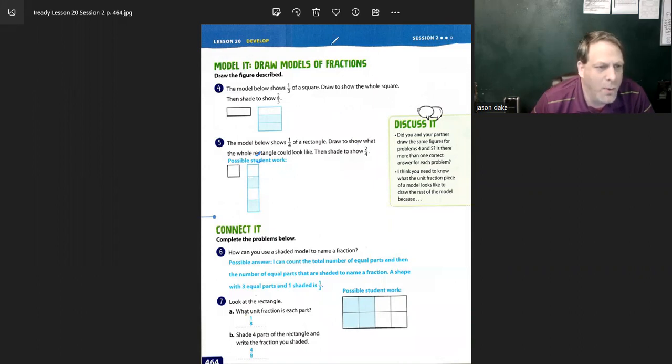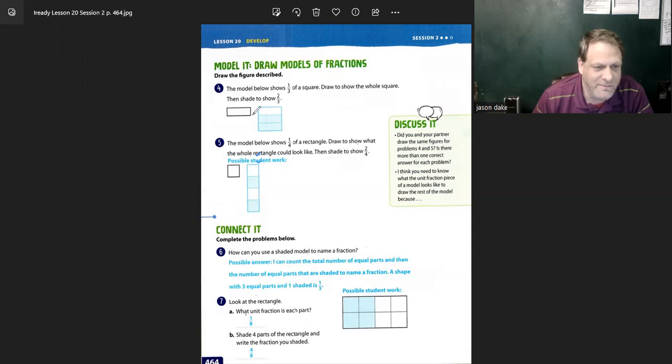So let's look at number 4. The model below shows 1/3 of a square. Draw to show the whole square, then shade to show 2/3. You need to draw these as a rectangle. So let's do these.